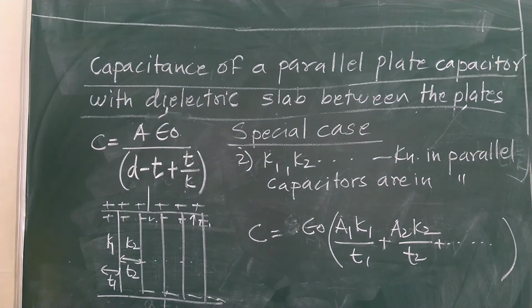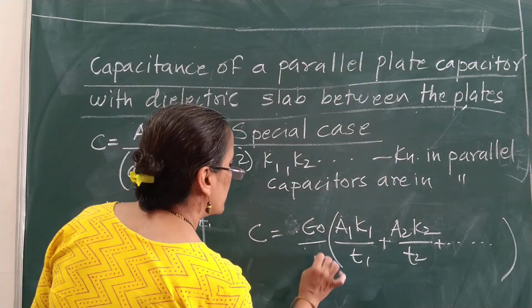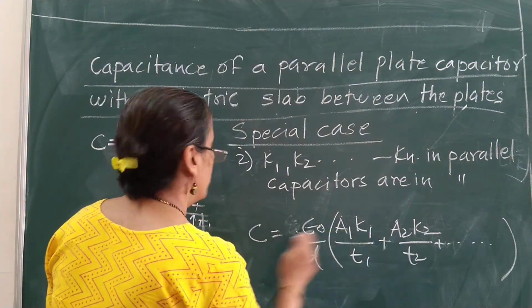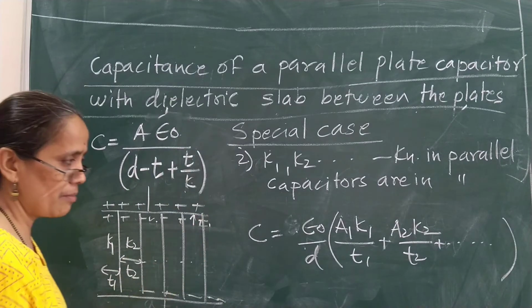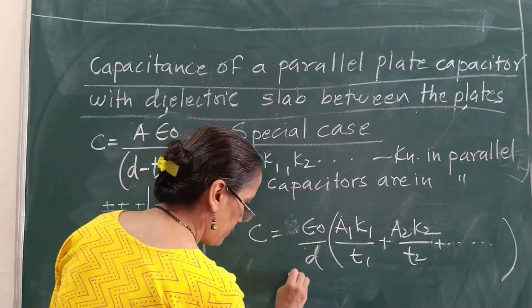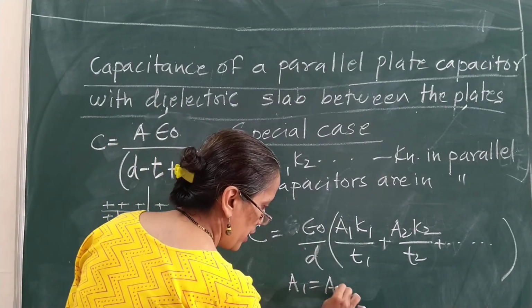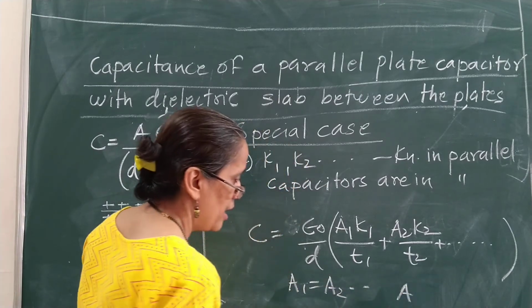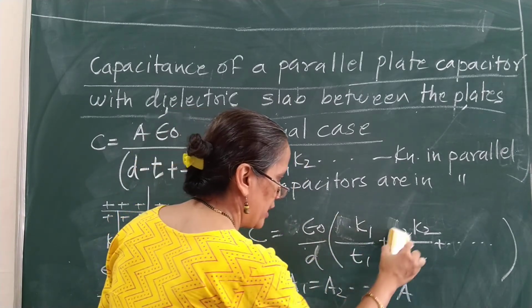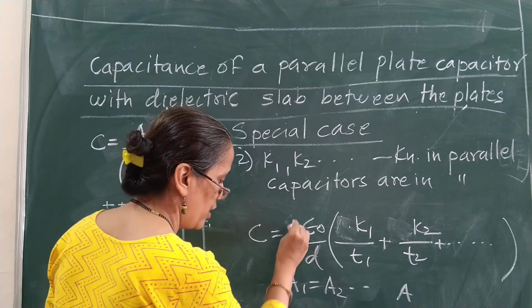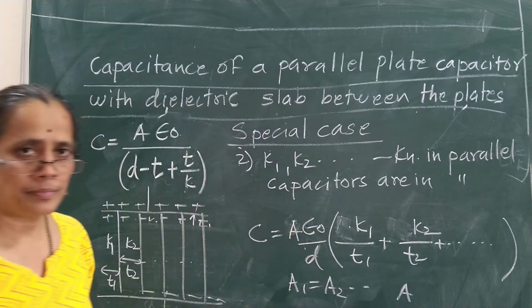And if I am saying that, sorry, here D is the separation. If I am saying that this area will remain same, so area is same, or A1 is equal to A2 up till A, means this A1, A2 factor will get cancelled and this A factor will come here as the same.